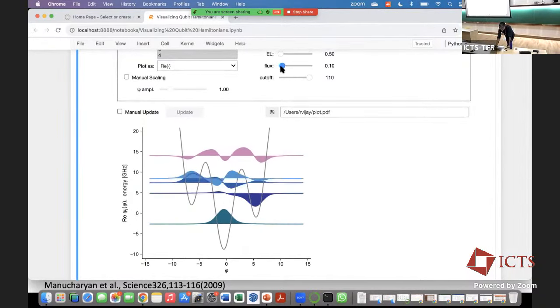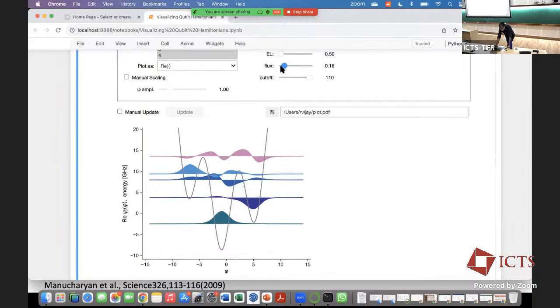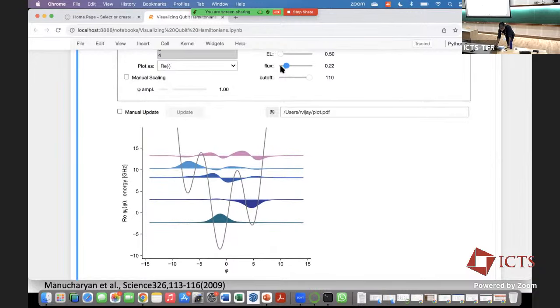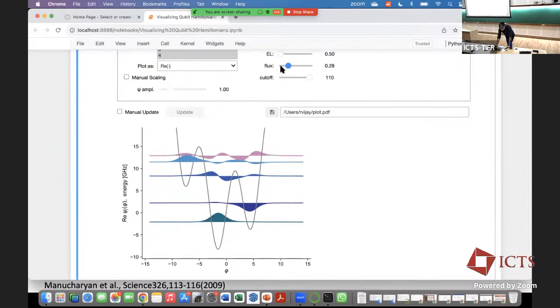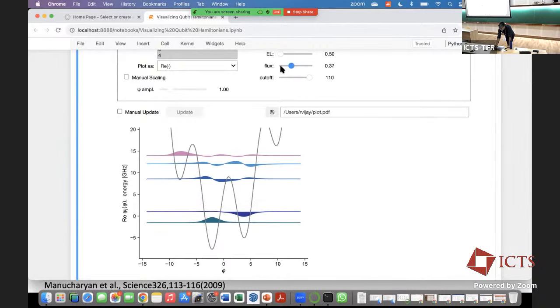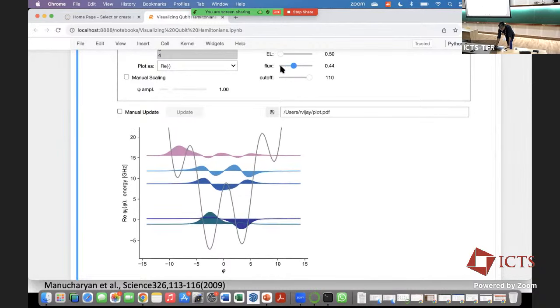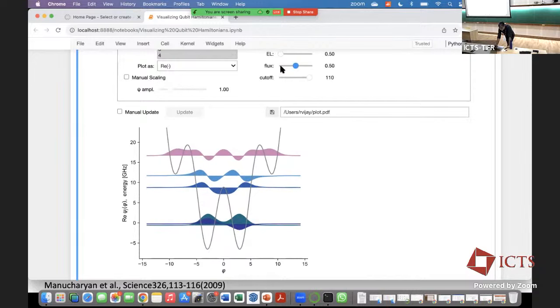As I'm changing the flux, you see that tilt, which I showed you already in the previous graph. And then as I approach half of a flux quantum, you get this very nice double well potential with a reasonably tall barrier, but you also see that there's an overall parabolic thing in the background as well.